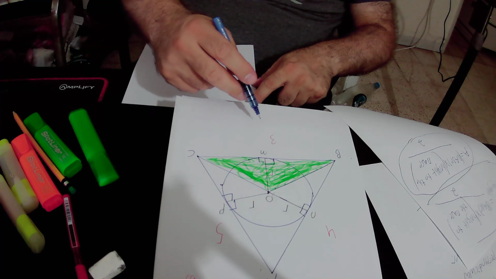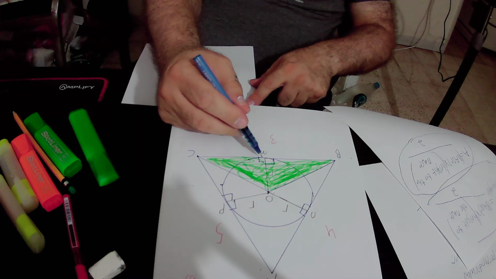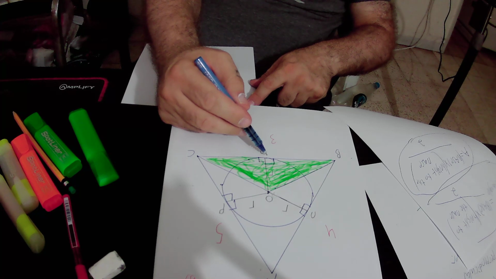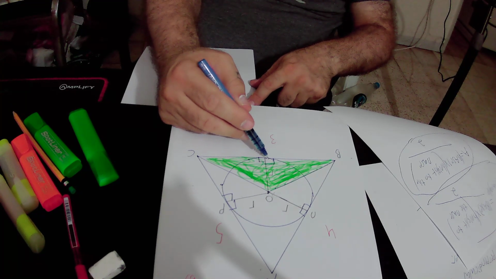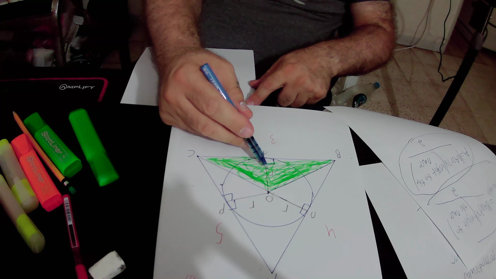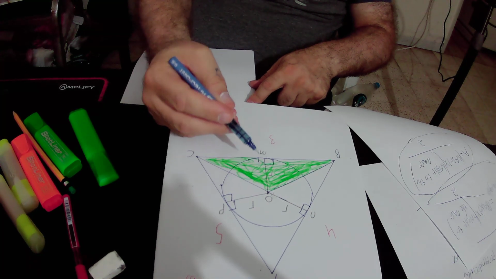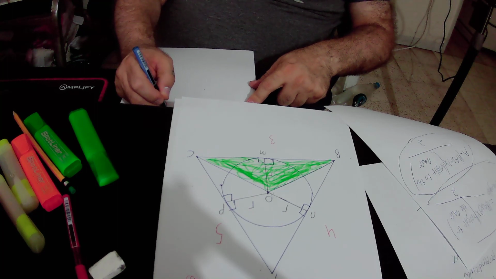As you know, the height creates 90 degrees with the base. So as you can see here, the radius of the circle creates 90 degrees with the base. This is the reason that the radius of the circle equals the height of the green triangle. So the height of the green triangle equals the radius, all divided by 2.